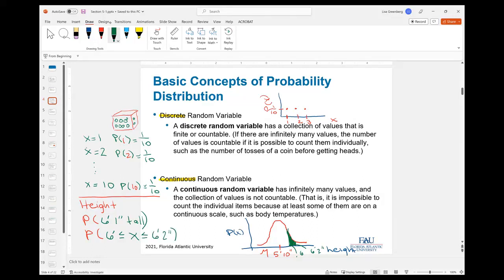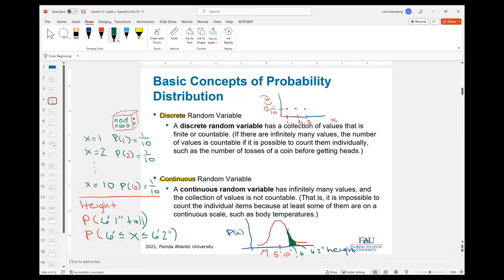So that still is between 6 feet and 6'2" and includes both sides. It includes people who are exactly 6 feet tall and exactly 6 feet 2 inches tall. But I can't count all the values that are between 6 feet and 6'2". So I have to have a range, and I can say it's the area under the curve.